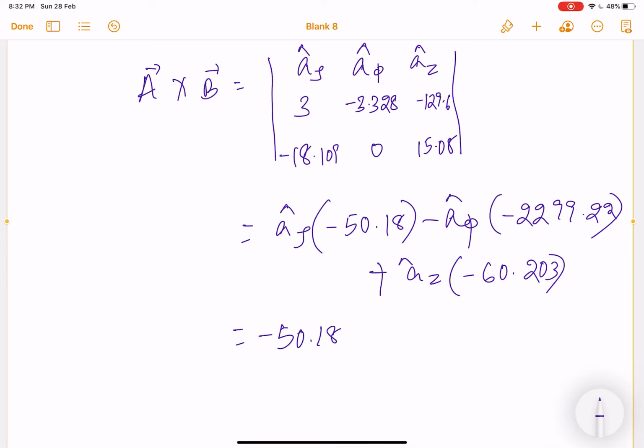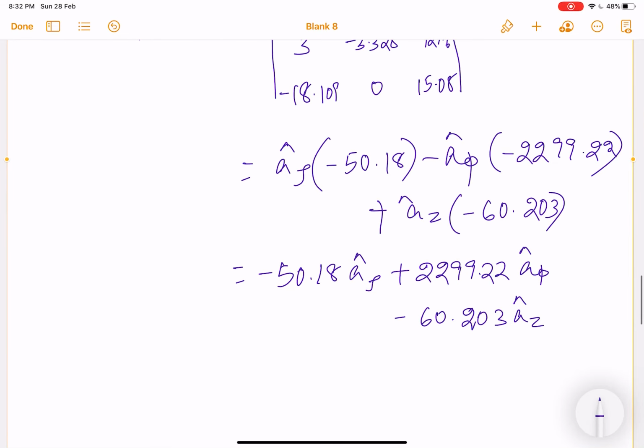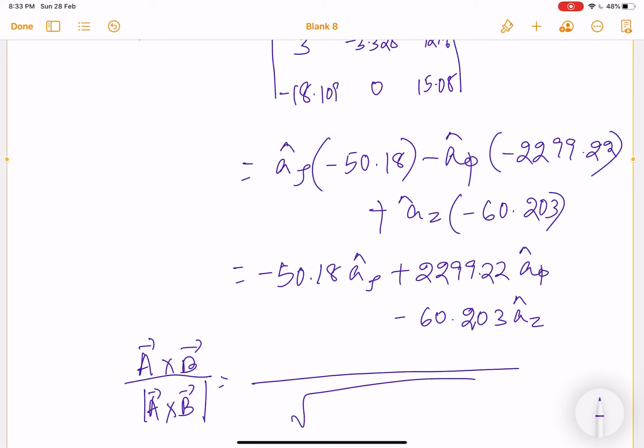So this is what you got: minus 50.18 A rho cap plus 2299.22 A phi cap minus 60.203 A z cap, and we have to take out the unit vector. So just simply divide it by its magnitude. So what is the magnitude? It is the square root of 50.18 squared plus this square plus this square.